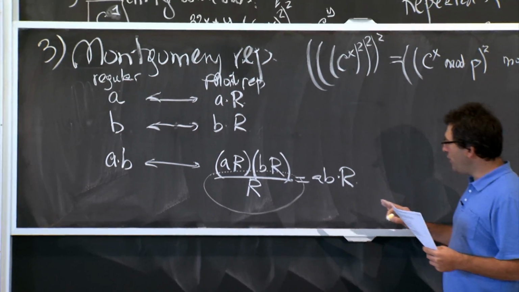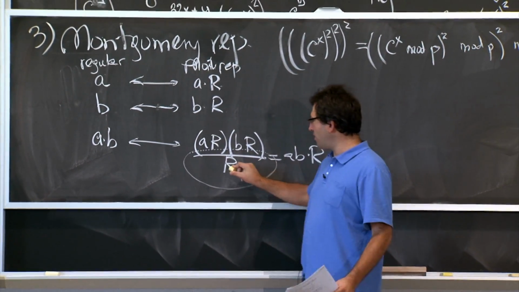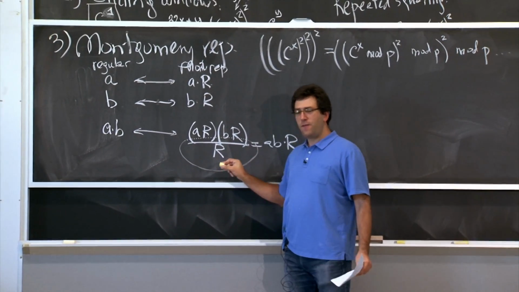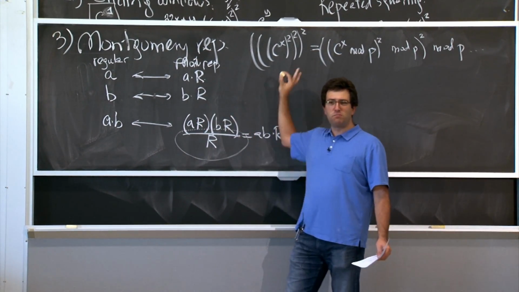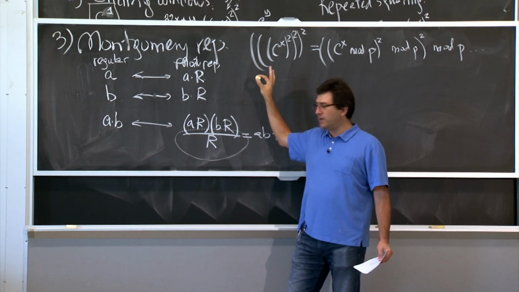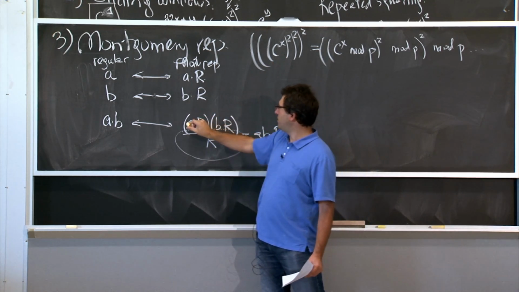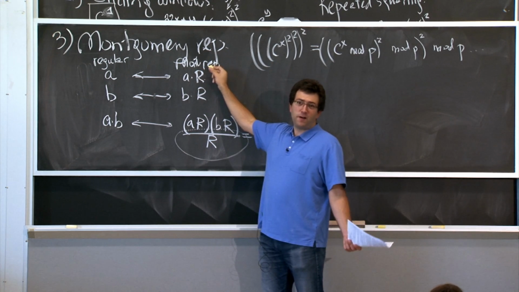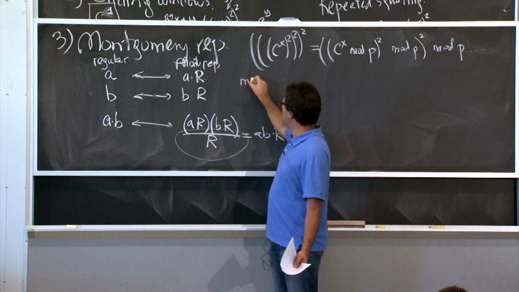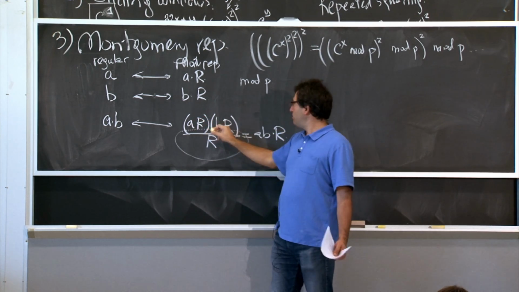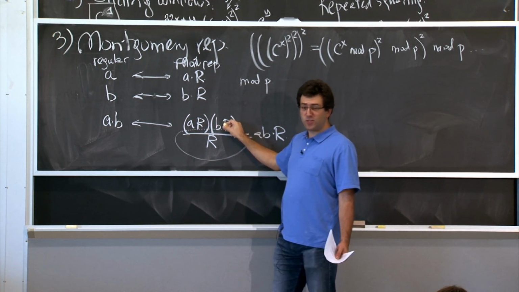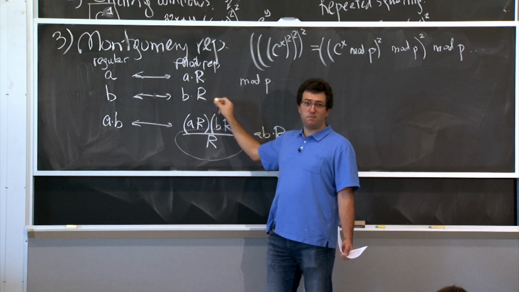And the cool thing is that if this division by R is going to be very fast, then this is going to be a small number, and we're not going to have to do this mod q very often. In particular, AR, let's say, is also going to be roughly 500 bits, because it's all actually mod p or mod q. So AR is 500 bits. BR is going to be also 500 bits. So this product is going to be 1,000 bits.